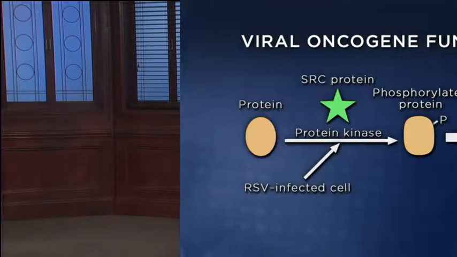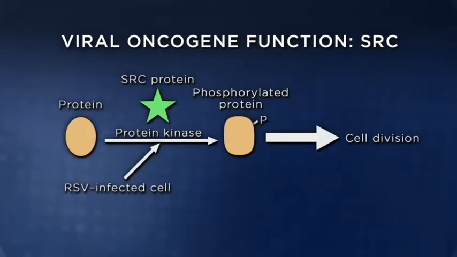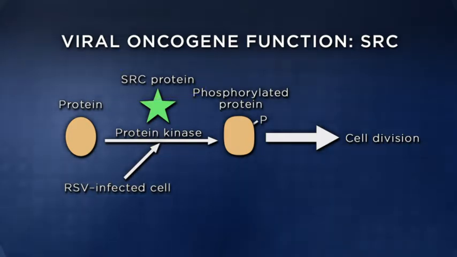So with this background, now we have a very specific description of what's going on. Here is a cell infected with Rous sarcoma virus that has this extra gene called SRC. SRC reacts with the protein, changes its shape, and you get cell division. This was actually one of the first protein kinases to be described in cancer, and now there are literally hundreds.